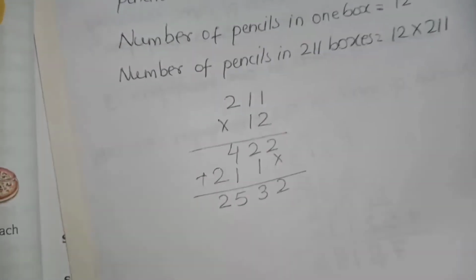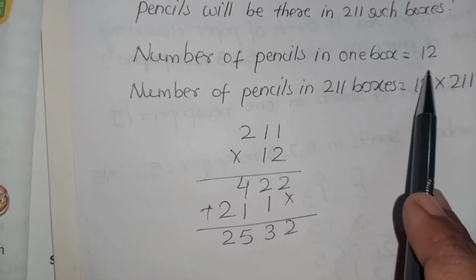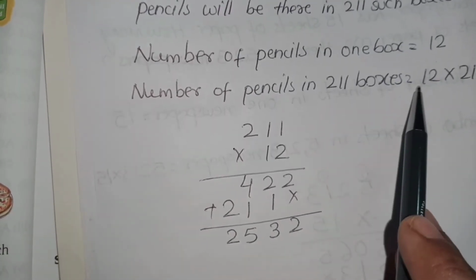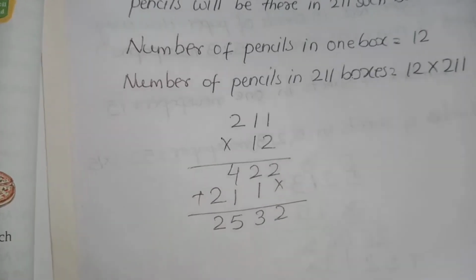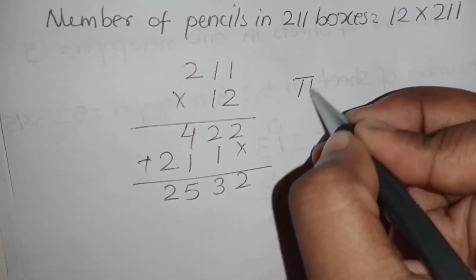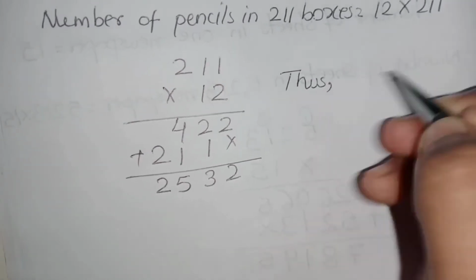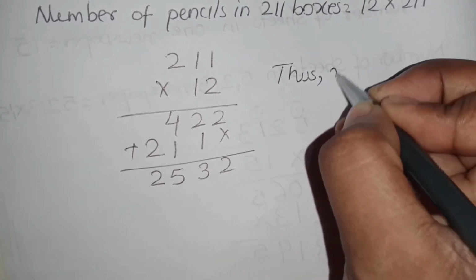So in one box there are 12 pencils. In 211 boxes, how many pencils are there? 2532 pencils. So now let's write here.